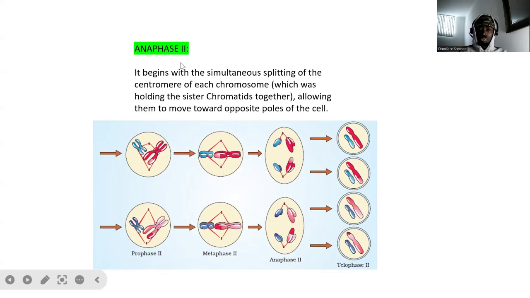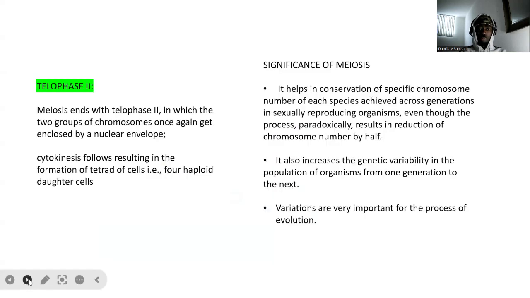So anaphase 2 now begins with the simultaneous splitting of the centromere of each chromosome, which was holding the sister chromatids together, allowing them to move to the opposite poles, up and down. So like what we have in mitosis. And at telophase now, meiosis ends with telophase 2, in which the two groups of chromosomes once again get closed by what?